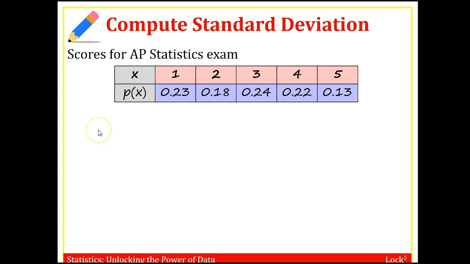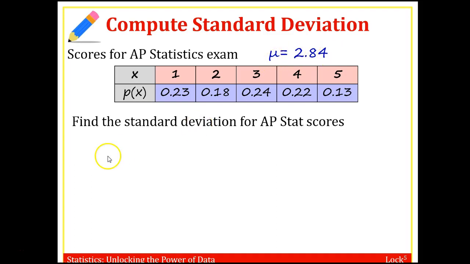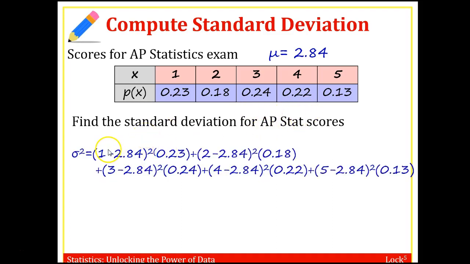But for computing this, for the AP Statistics exam scores, we computed a couple of slides ago that the average, or mean, is 2.84. So to find the standard deviation for these AP test scores, let's just look at this first set right here. I'm going to take 1, because 1 is the first x value, minus the mean, 2.84, then square it, then multiply it times the probability. So that's this first term, and then keep going.